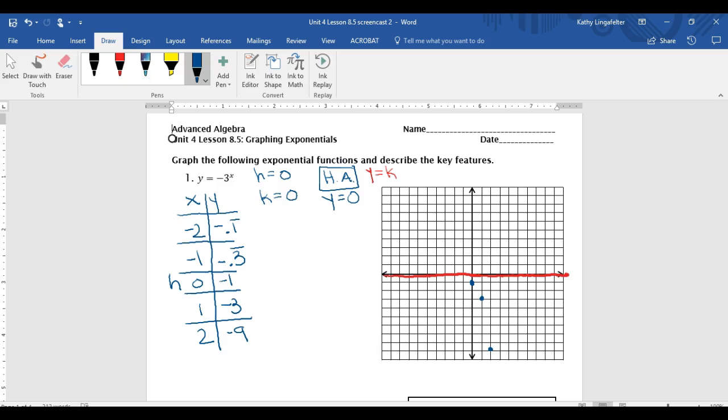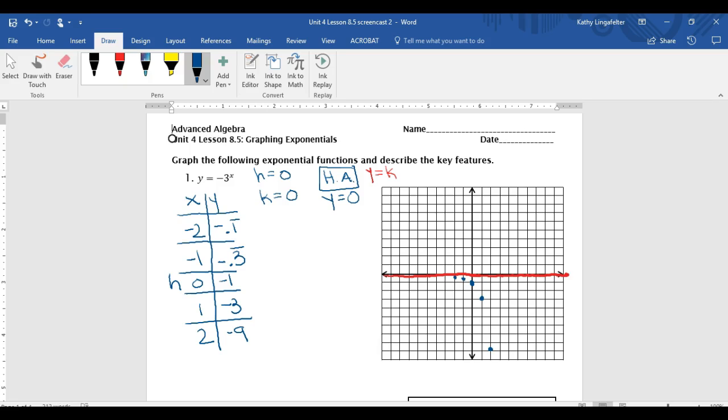So let's do (-1, -0.3). Looks like I'm more at -0.5. It's okay because I want to make sure that when I do (-2, -0.1 repeating), that that's closer to the asymptote than the one directly to the right.